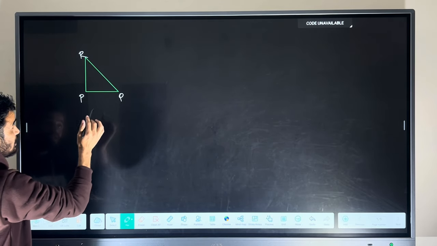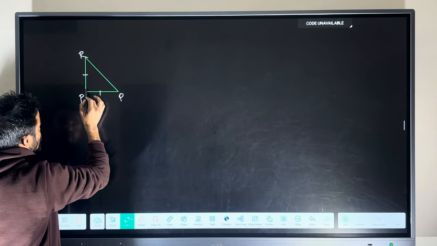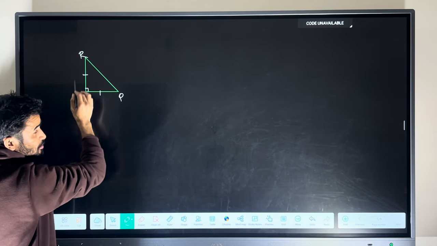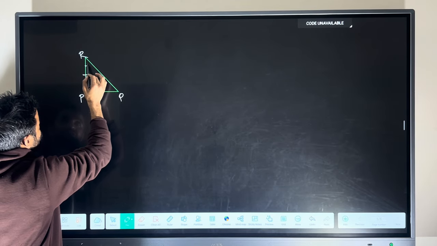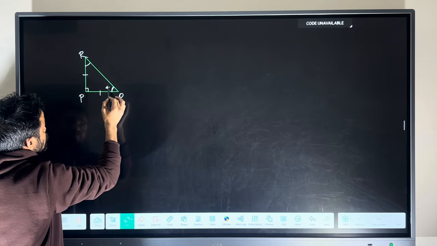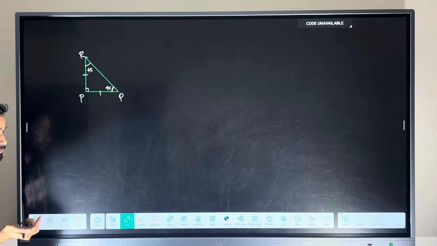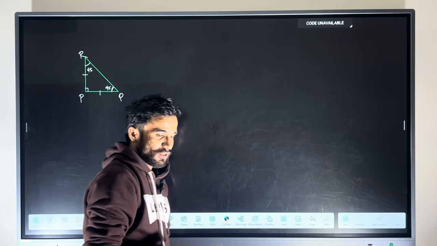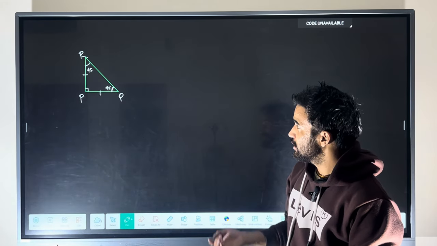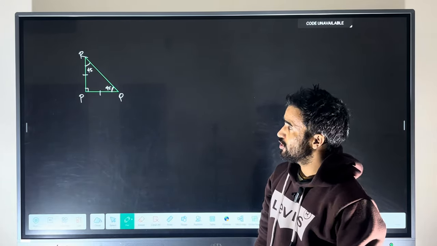Now in that triangle, suppose PQ is equal to PR. This is 90. Now when PQ and PR are equal, then these two angles will be equal, and these two angles will be 45, 45, because this is 90, by the angle sum property. The sum of all three angles of a triangle is 180. If two angles are equal and their sum is 90, then both will be 45, 45.